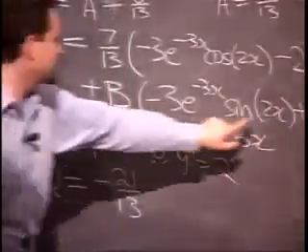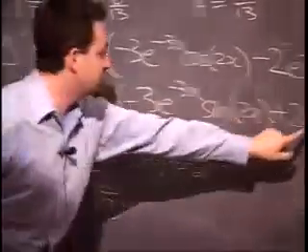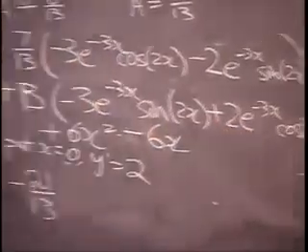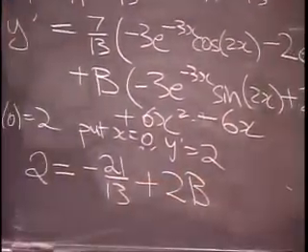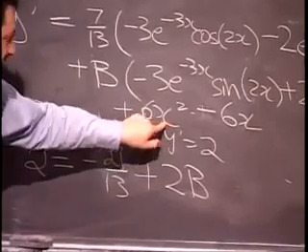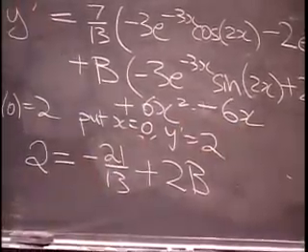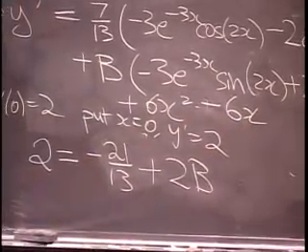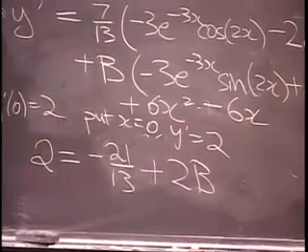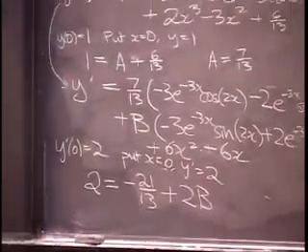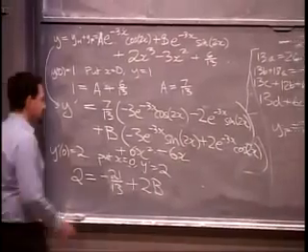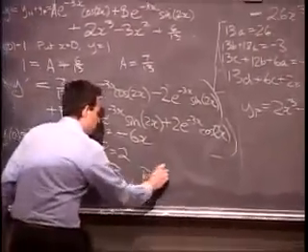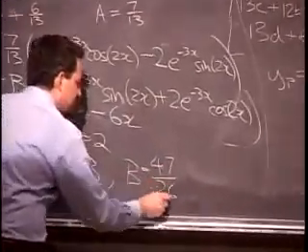And here the sine goes away. And this is a 1, so you're going to get plus 2b. And actually, x equals 0, so both those terms happen to go away. And that's the complete equation here. 2 is 26/13, so what is this, 47/13? So b is 47/26, unless I made a mistake.